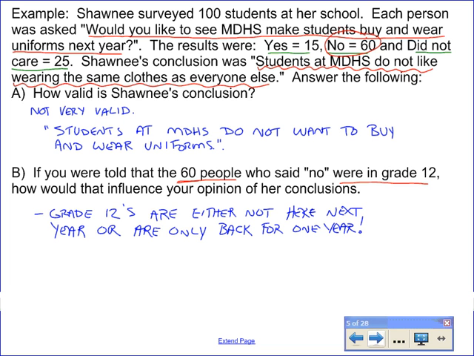If it was grade 11s, if you were in grade 11 and I told you next year you're going to have to buy a uniform just for the year, what would you say? You wouldn't be very happy, because you're only buying the uniform for 1 year. It tends to be a lot of money when you're only going to use it for 1 year.